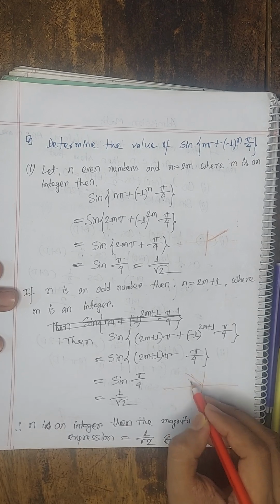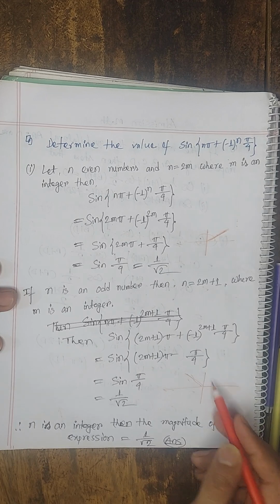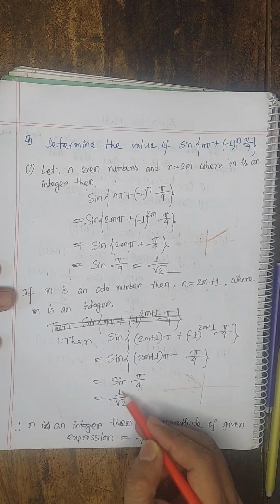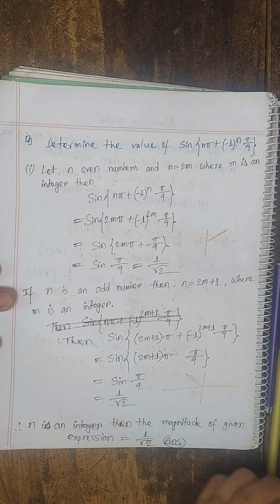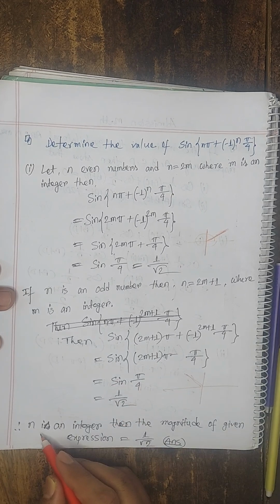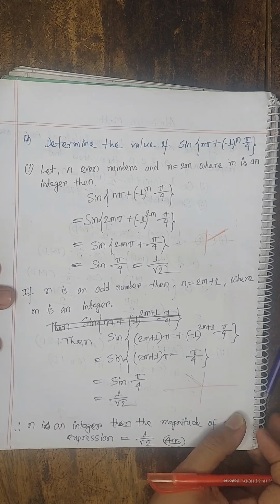That's why for the first quadrant and second quadrant the value of sine is positive, so we put a positive sign here. So if n is an integer, then the magnitude of the given expression is 1 by root 2.